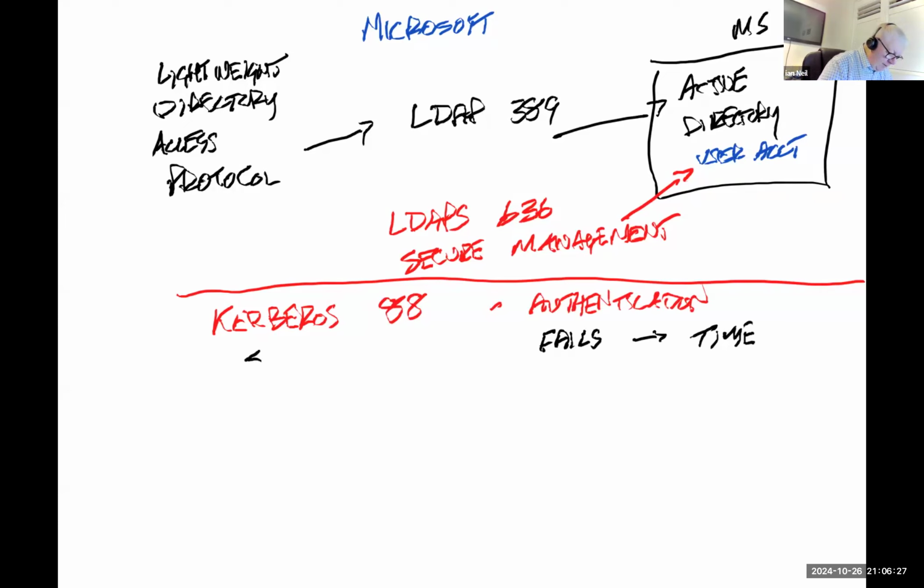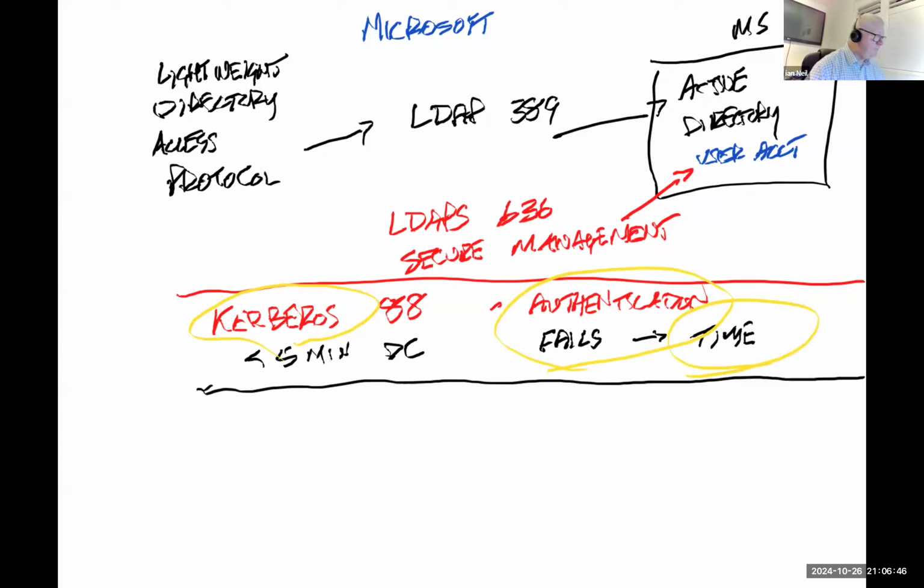It must be within 5 minutes of the domain controller. And this is a nice fact to remember. If my Kerberos authentication is failing, I need to look at time. On the next slide, we'll look and see what we can do with that.